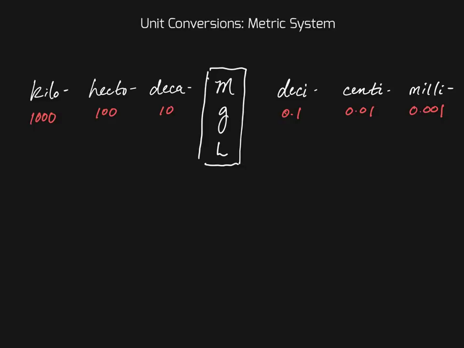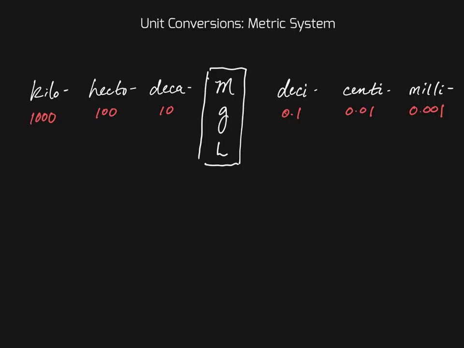Okay, so what we have here is just a little graphic of some major prefixes and base units within the metric system. If you take a look in the middle here, I have three base units for the three major physical quantities that we're going to focus on in this class.